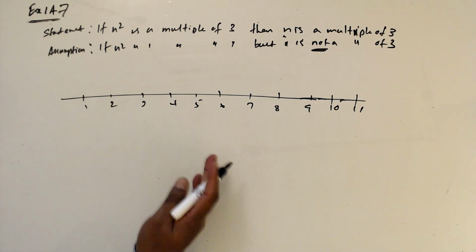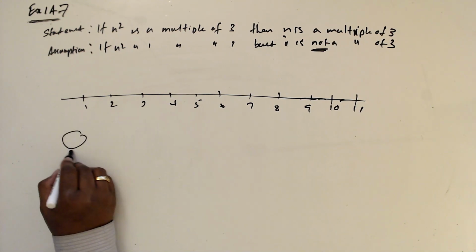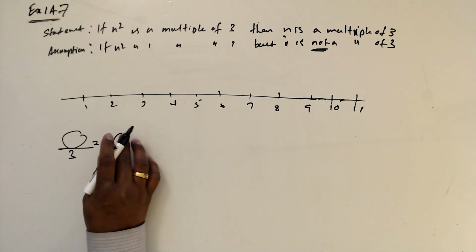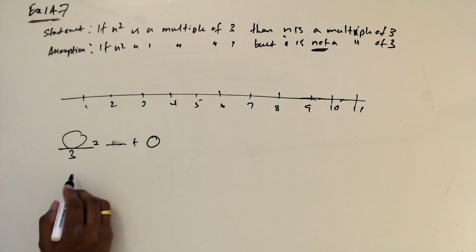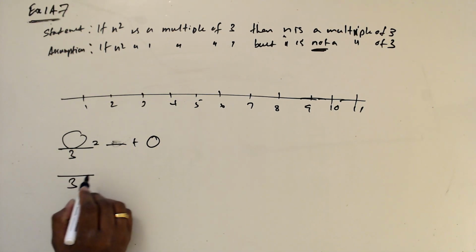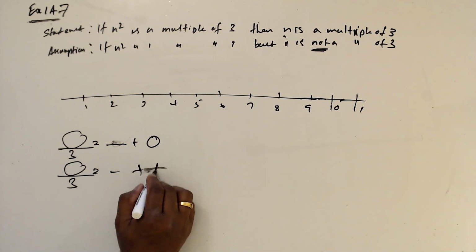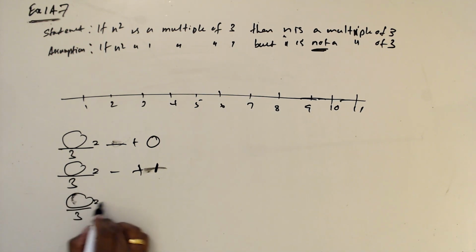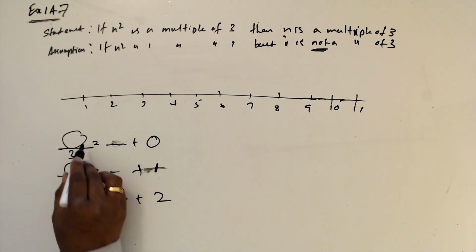This whole number line we are dividing by 3. When we divide by the number 3, if the remainder is 0, then it is divisible by 3. Then the remainder can be 1, or the remainder can be 2.